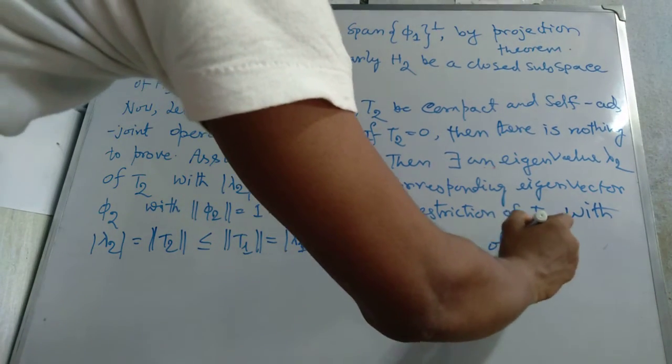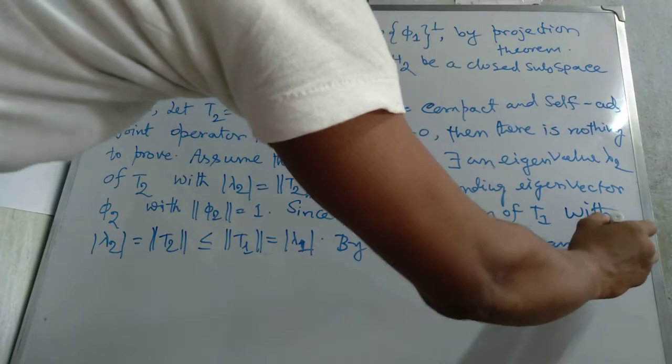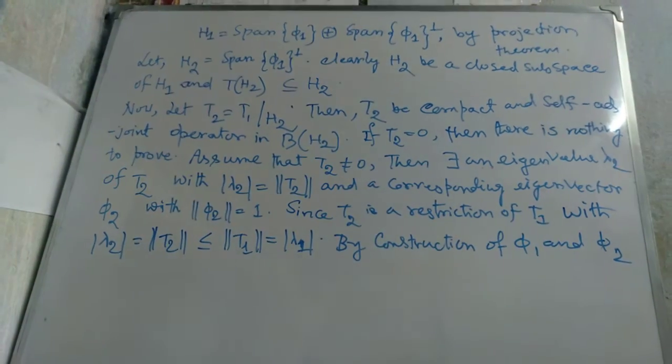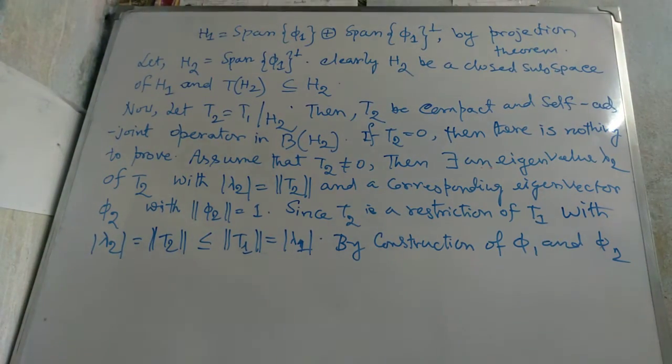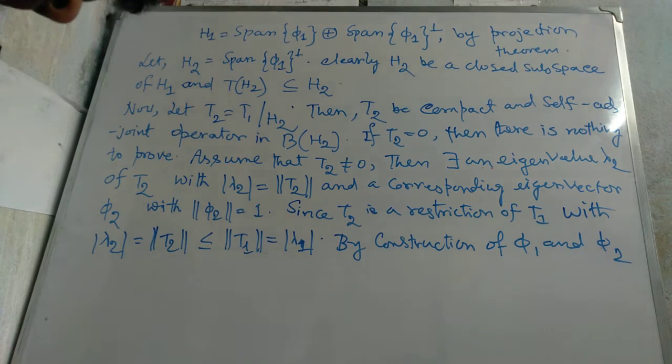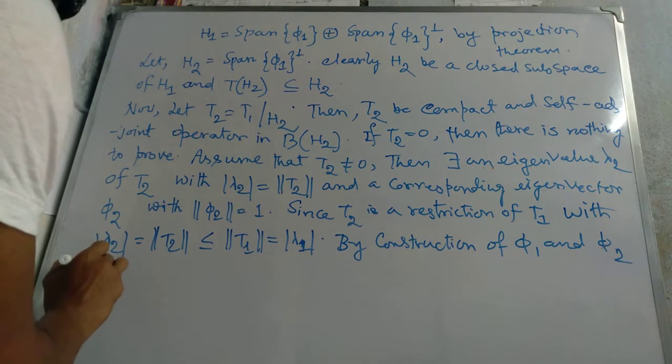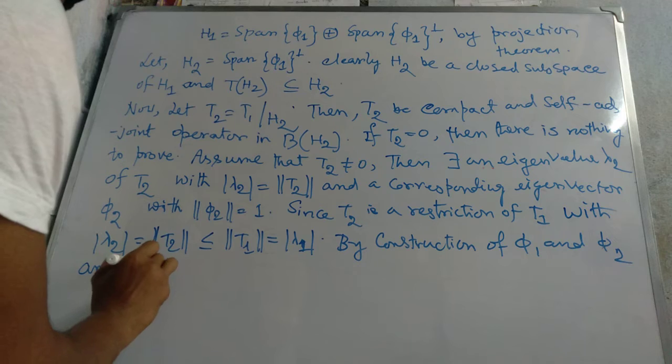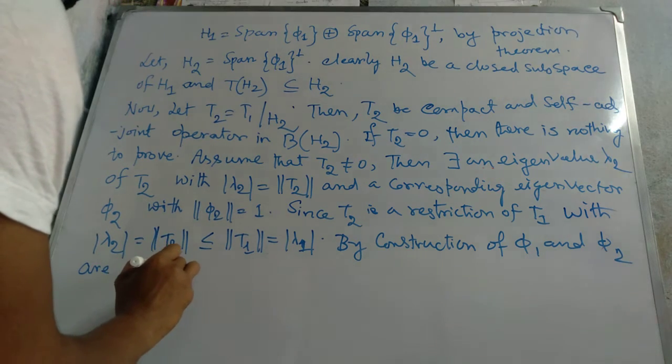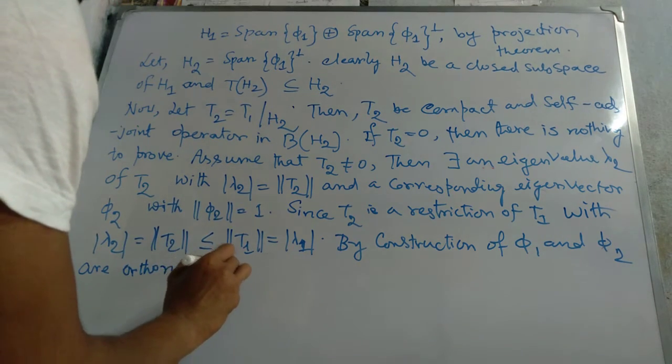By construction, phi 1 and phi 2 are orthonormal.